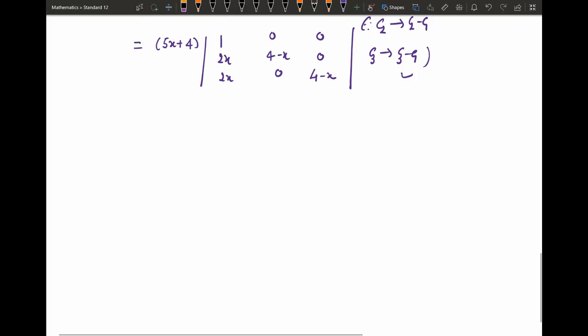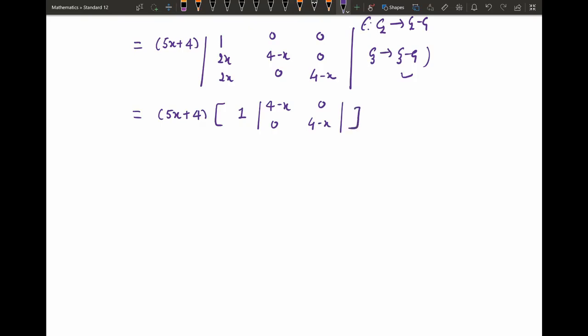Now we expand using the first row expansion of the determinant. 5x plus 4 as it is, 1 into, leave the row and column, the remaining entries will form a 2 by 2 determinant. So this is 4 minus x.